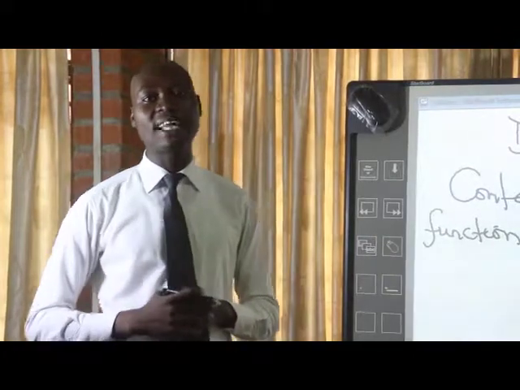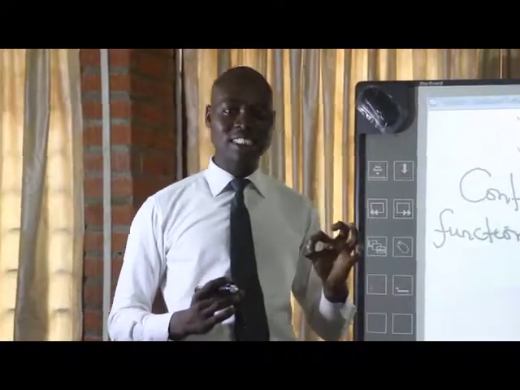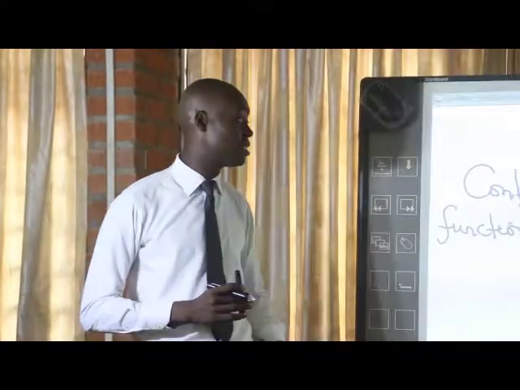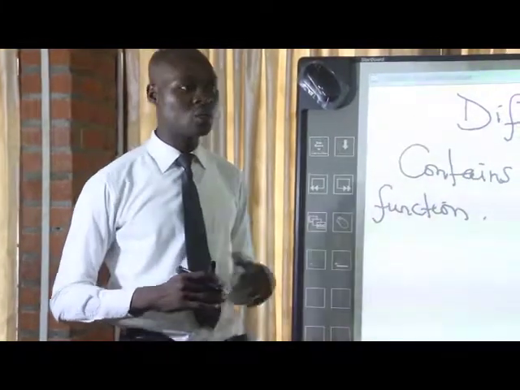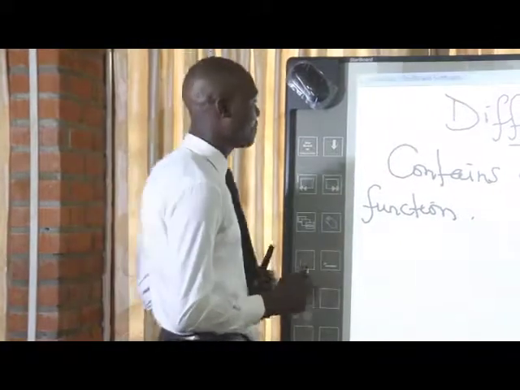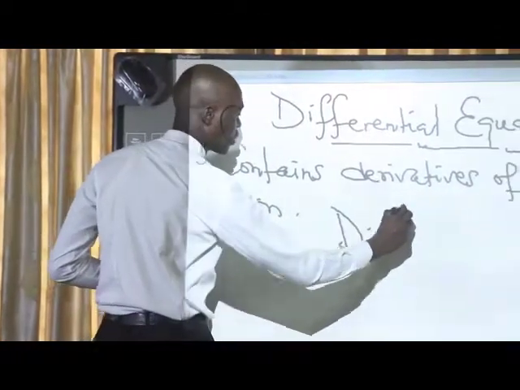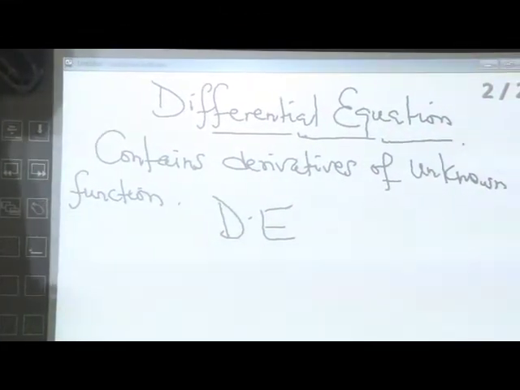However, the differential equation may contain both ordinary derivatives, which we will refer to as total derivatives, or partial derivatives. So a differential equation therefore can be classified into two. We are going to denote differential equation by the letters DE.